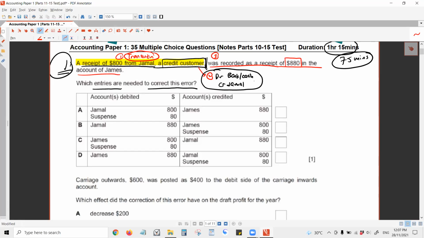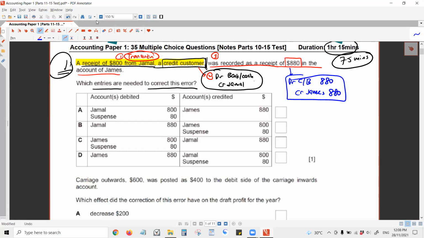Now, they don't tell you exactly what they debited and what they credited, but you have to interpret this yourself. So what they have done is they have debited cash or bank 880, and they have credited James 880. How do I know?